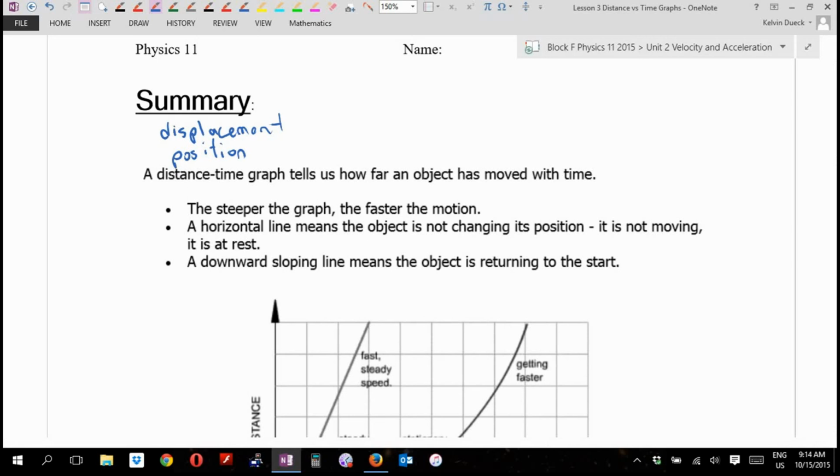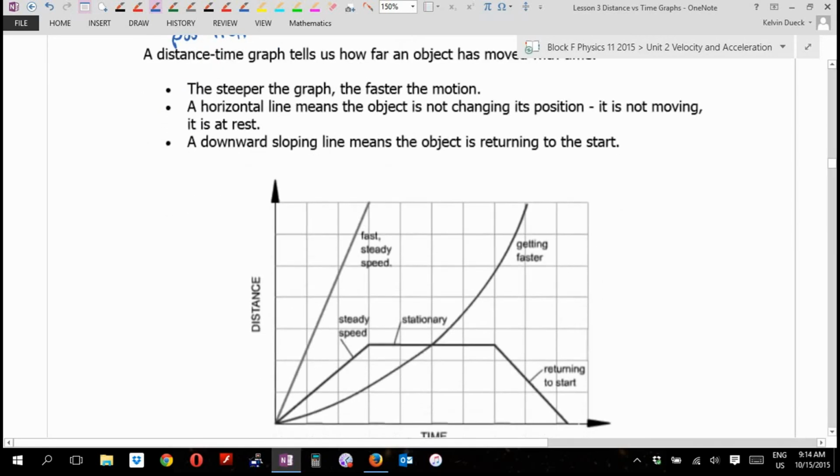It tells us how far an object has moved in time. The steeper the graph, the faster the motion. Key idea: slope is velocity or speed on a distance or position versus time graph. A horizontal line means an object is not changing. Above the word stationary, if you want to write the phrase in brackets, at rest, that's the one I'll use almost all the time.